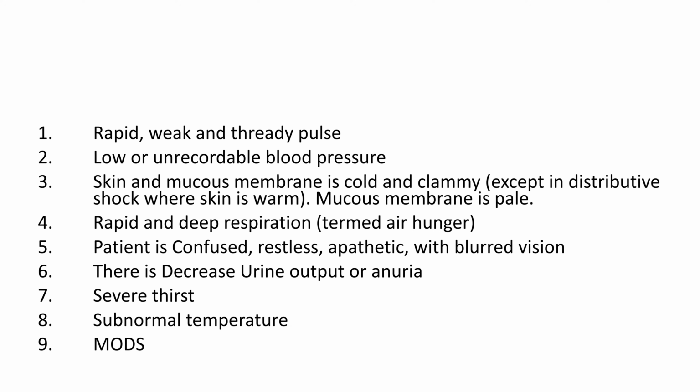There is rapid and deep respiration termed air hunger. Patient is confused, restless, apathetic, with blurred vision. There is decreased urine output or anuria, severe thirst, subnormal temperature, and patients may have multiple organ dysfunction syndrome.